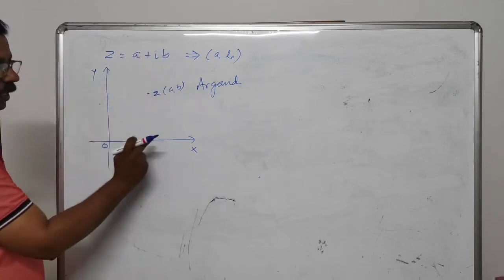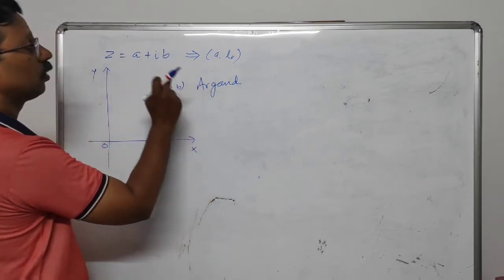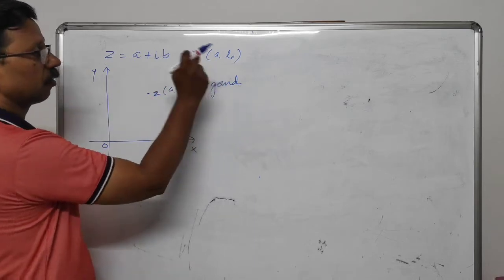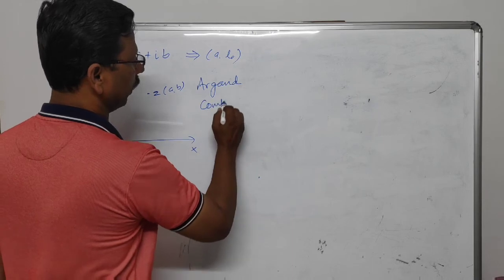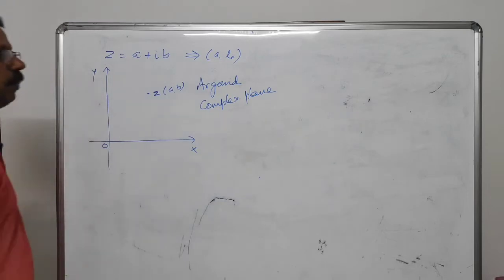Hence this plane is called the Argand plane. Argand is the mathematician who introduced plotting complex numbers in this plane. Therefore by his name we call it the Argand plane, or a complex plane.